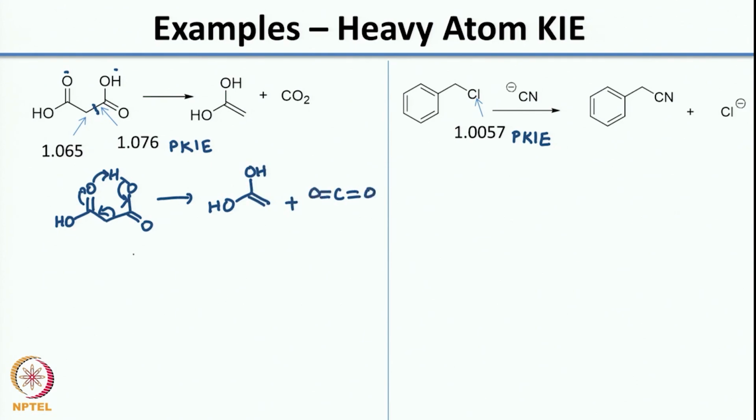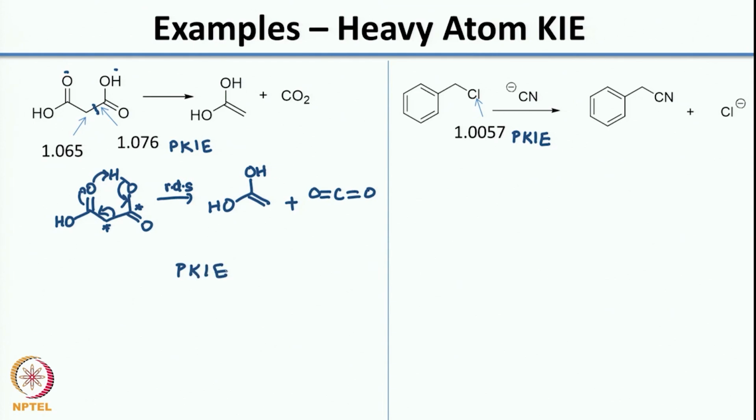Now here if you see, you have the CC bond breaking in the rate determining step. So we have written a concerted process, which is why you observe a primary kinetic isotope effect. So this is consistent with the experimental observation.